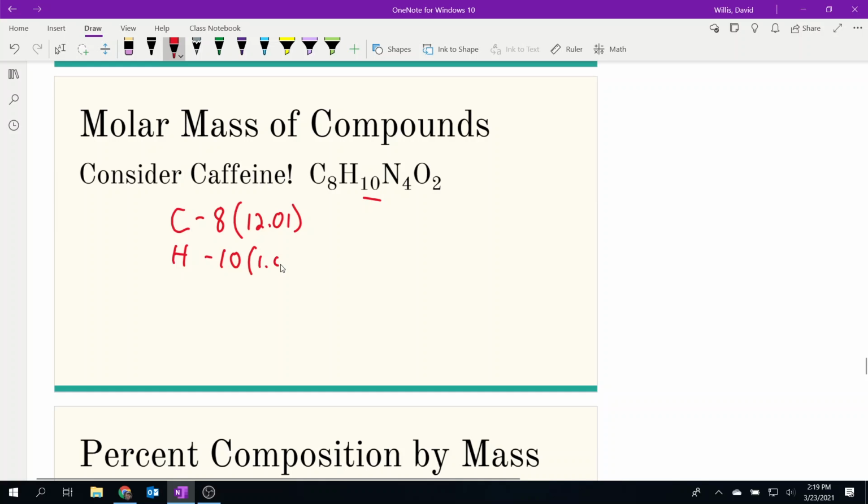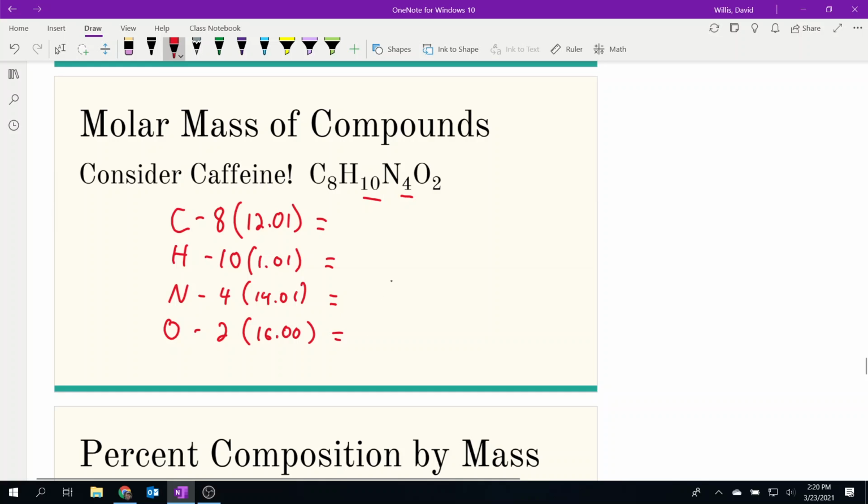At 1.01 apiece. Nitrogen, I have 4 at 14.01 apiece. And then oxygen, 2 at 16.00 each.